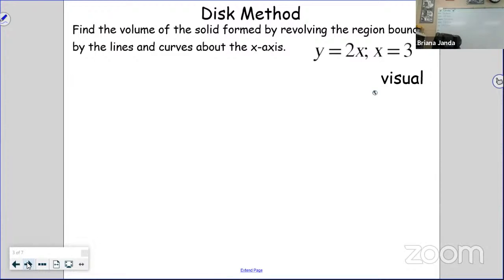I am going to pop over to that visualizer as you get started with this one, just because I want to one more time show you what it looks like, but I also want to show you that they're not all the same three-dimensional shape and that it doesn't matter to us. It doesn't change our process. So if I pop back over here, this time we are going from the line y equals 2x out to x equals 3.